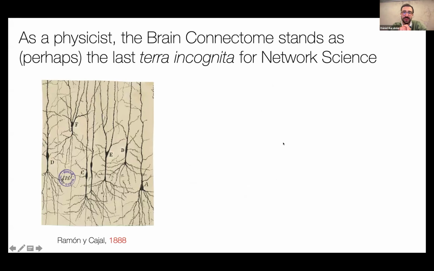So as a physicist, the brain connectome stands as one of the last terra incognita for network science. And what I like about working on brain connectivity is that it's a case not just where physicists are trying to fit spherical cows onto something that perhaps does not need it, but a case where the biological insight and the way that people were thinking about this from a neuroscience perspective actually matches in a very nice way the toolkit of network science and of physics.